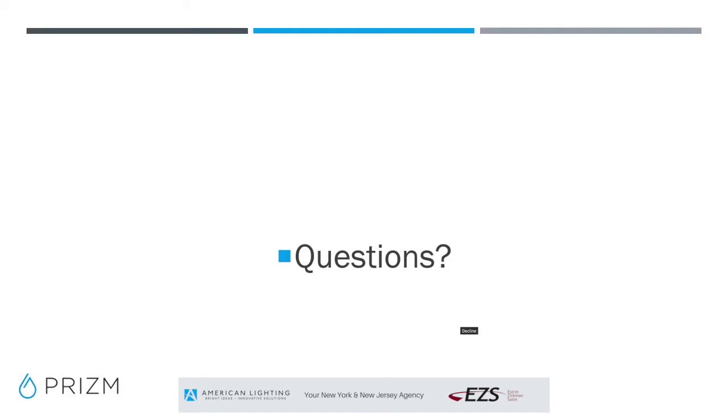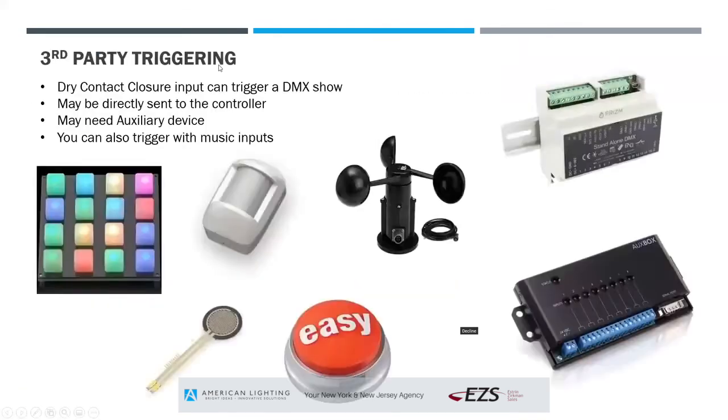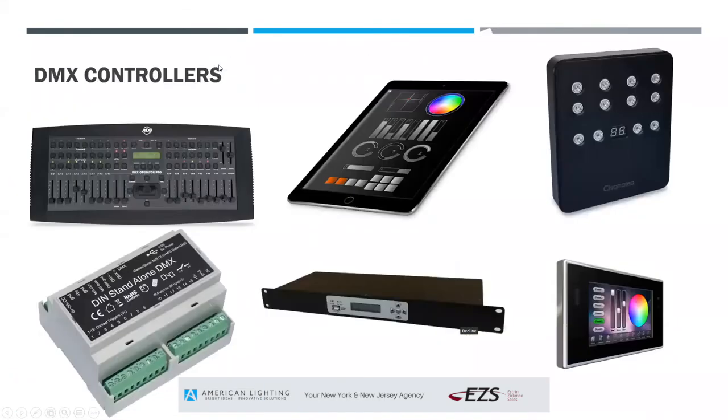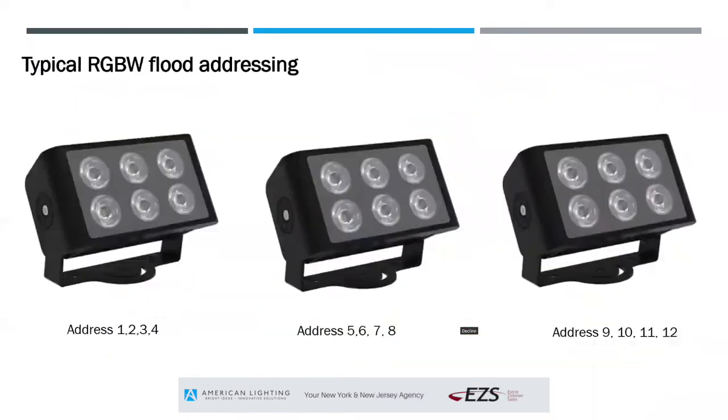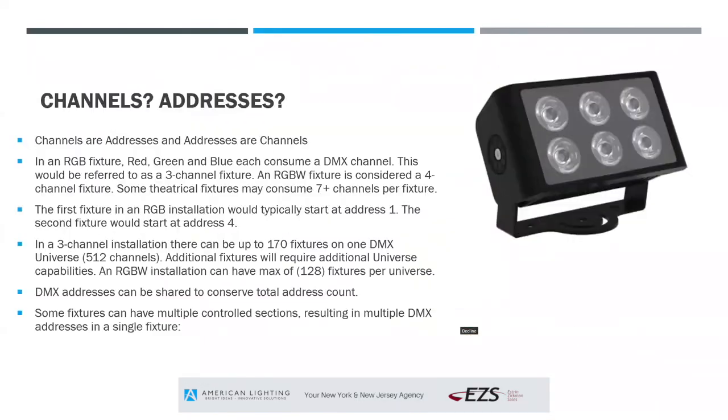So if we're talking again about a 3-channel fixture, an RGB fixture, let me go back some slides. Right, so if we're talking about an RGB fixture, that can handle up to 170 fixtures, because 170 times 3 is basically 512.